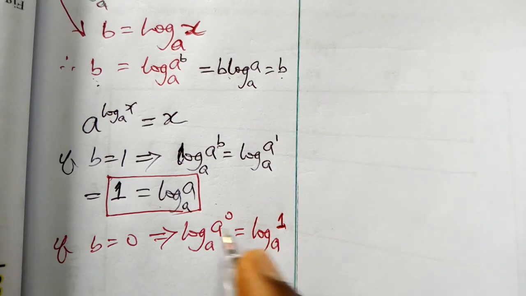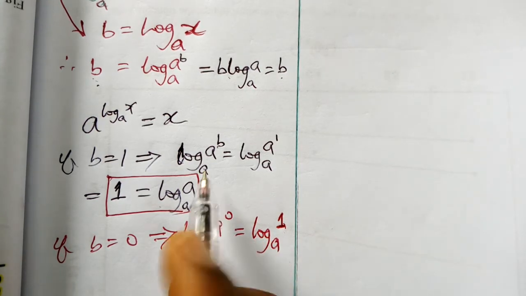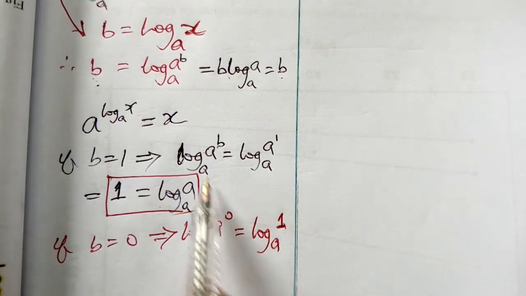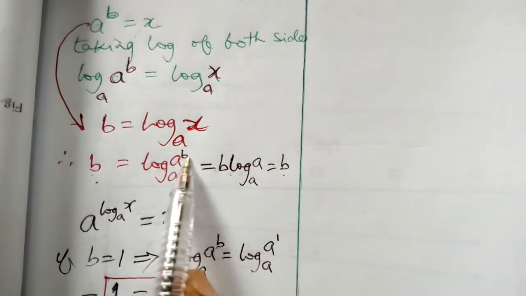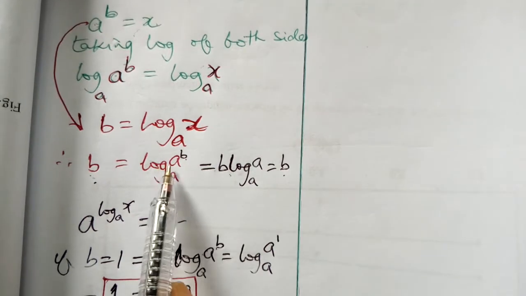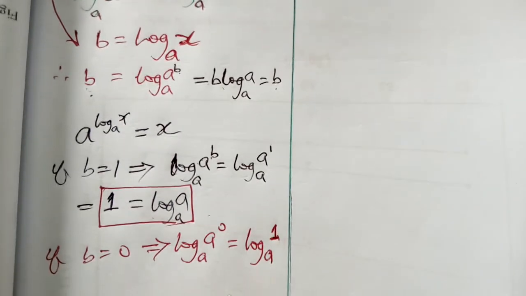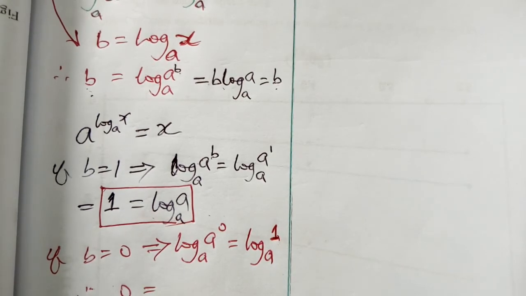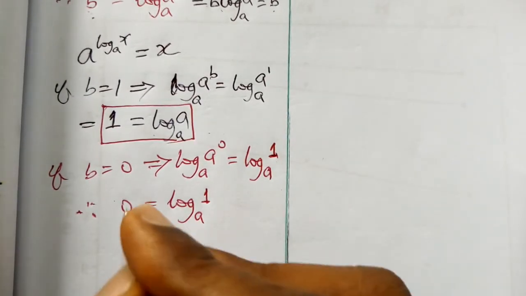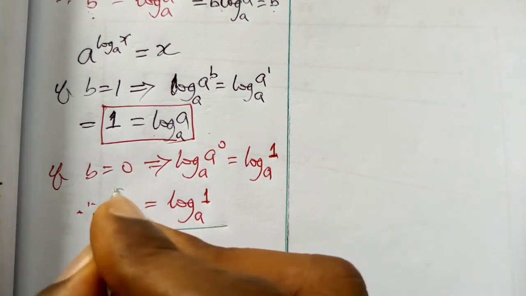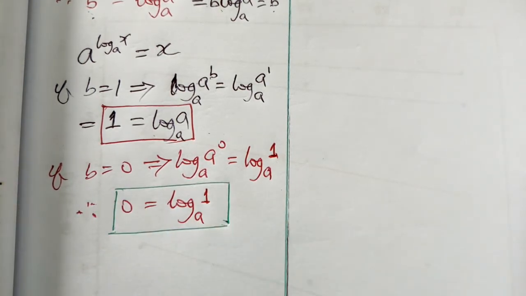From this identity, if b is equal to 0, that number will be 0. So it means that 0 is equal to log 1 base a. So that is another important identity. Log 1 base a is equal to 0.